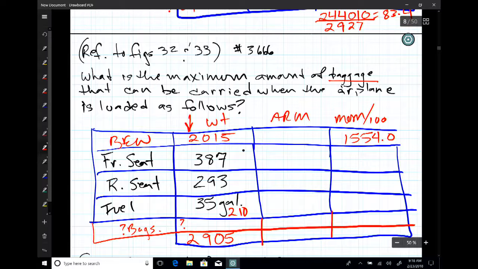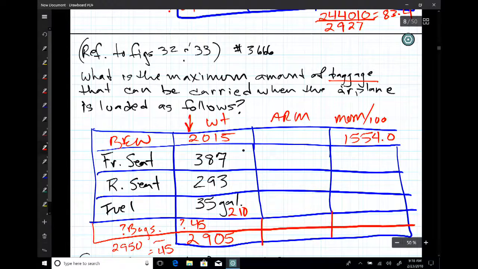What is the maximum takeoff weight of our airplane? It is 2,950. 2,950 minus 2,905 gives us 45. 45 pounds would be the maximum amount of baggage that we could add to this airplane and keep the weight within limits, correct?